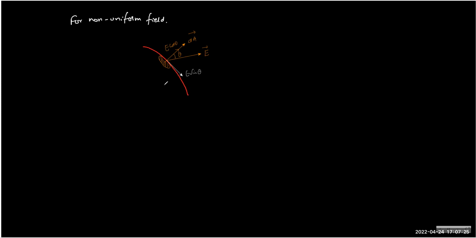Flux is something which can pass through, not something which is parallel. So something should cross it, and therefore the flux of electric field we can write as E cos theta, the field which can pass through, multiplied by area. Understood?